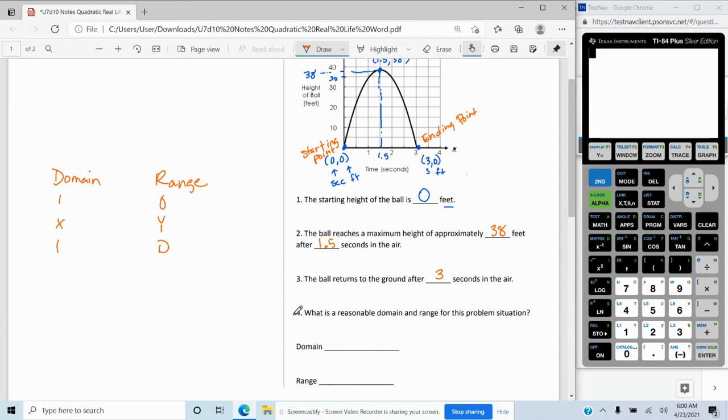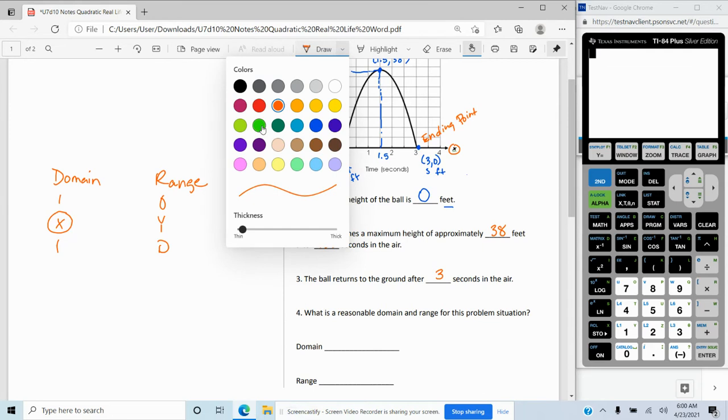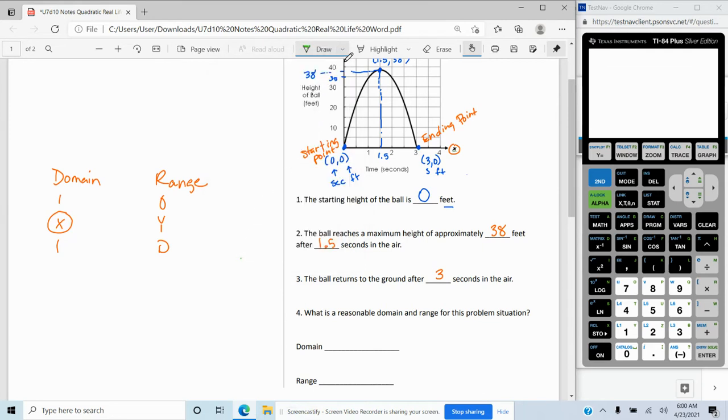When they're asking for the domain, they're asking all about x. The x-axis goes from left to right, and that's where my focus is going to be. I'm going to go all the way from the leftmost point, I can draw a straight line, and then go to the rightmost point.